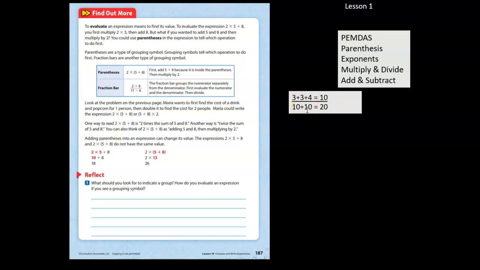So just so you know, there are 2 kinds of grouping. Well, really there are more than 2 kinds of grouping, but we're going to be talking about 2 kinds of grouping: the parentheses or the fraction bar. Sometimes you'll see brackets also, and that's another kind of grouping.